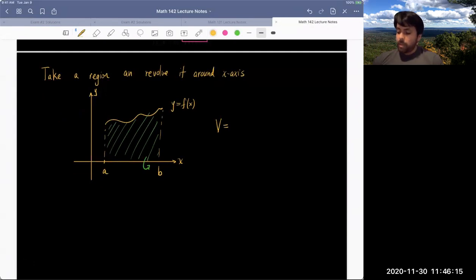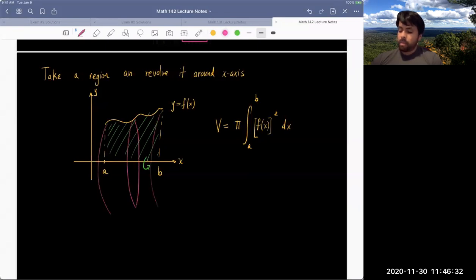The volume would be pi integral from A to B of the function of x squared dx, right? Because you could think of this as integrating the cross-sectional area.